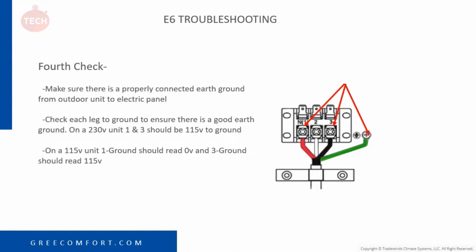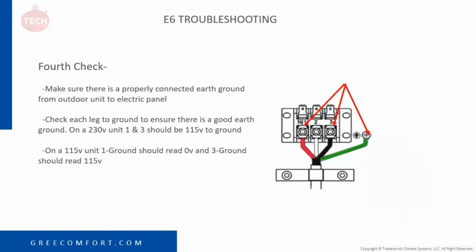On a 115 volt unit, between 1 and ground, you should have 0 volts. That ensures that you have a good neutral as well as a good ground, because on a 115 volt unit, we have 1 leg of power, and that 1 leg of power goes to 3. On a 115 volt unit, 3 to ground, you should read your 115. 1 to ground should read 0.